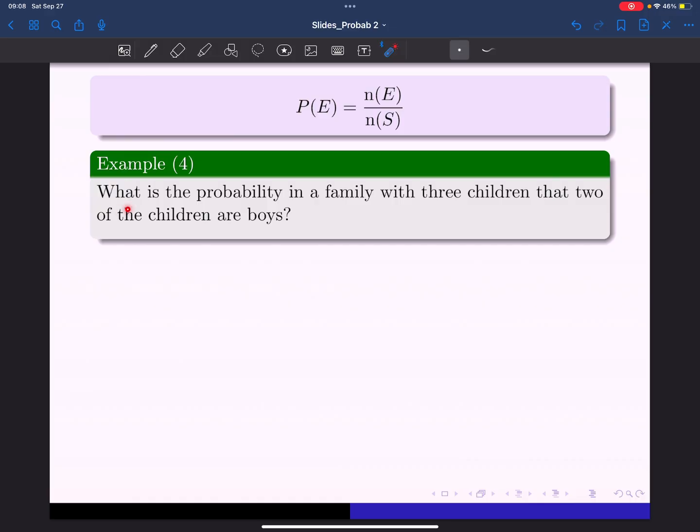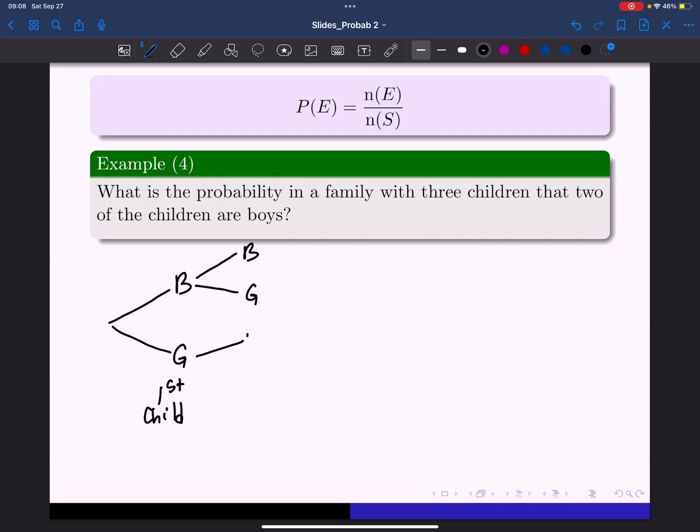Example 6. What is the probability in a family with 3 children that 2 of the children are boys? So we list all possible outcomes. For the first child, we can have a boy or we can have a girl. This is my first child. For the second child, we can also have a boy or a girl, or a boy or a girl.